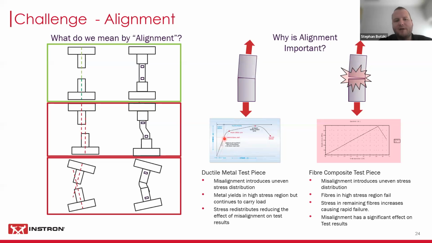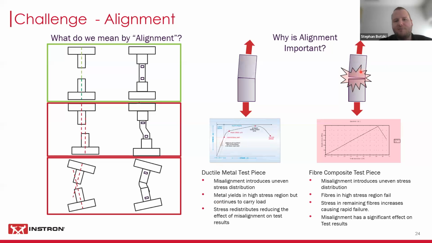But metals yield quite a bit, right? It doesn't mean that just because we got them beyond the yield point they won't carry any load. You can see here on the load curve there's actually a lot of strain before it breaks. So the stress will just redistribute, and the effects of the misalignment will not be as strong on your test results compared to a composite.